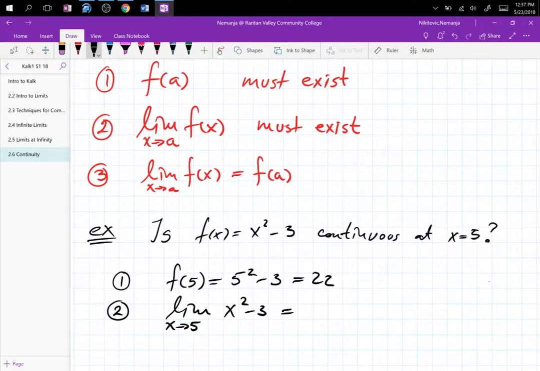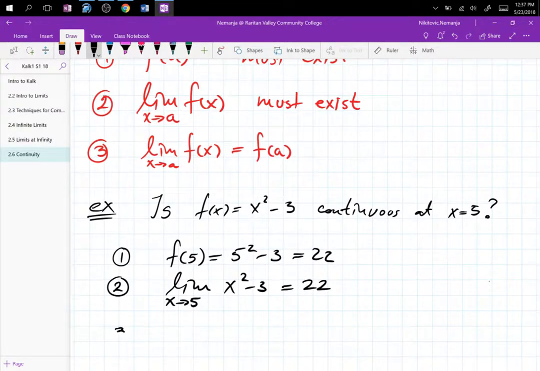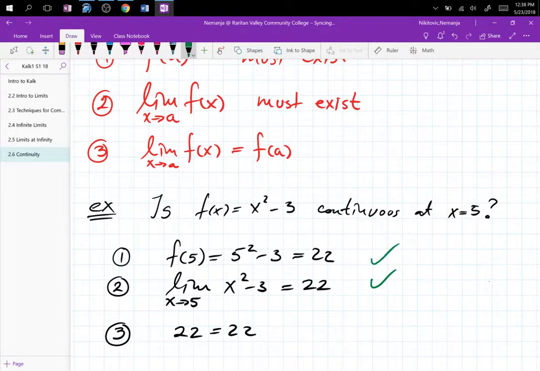Well, now you go back to 2.3 or wherever you have to go back to compute that limit, and the answer is yes, it exists, it's 22. And now number 3, 22 equals 22. It passed all 3.